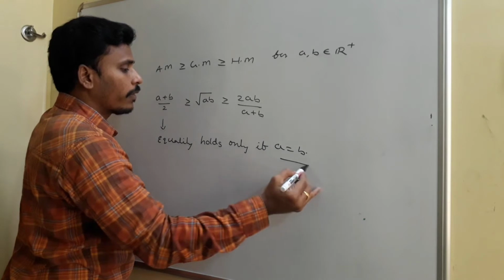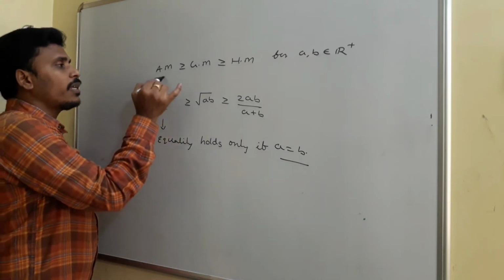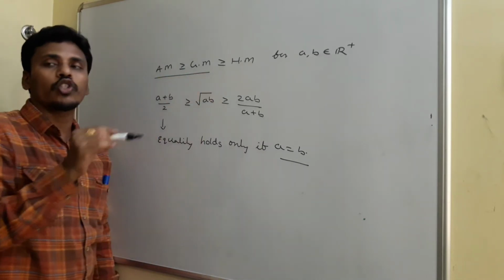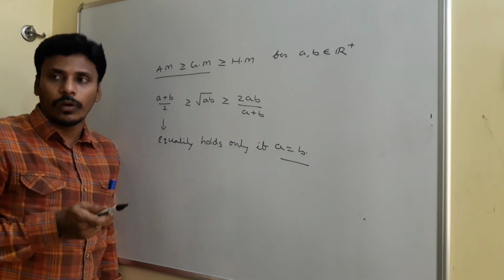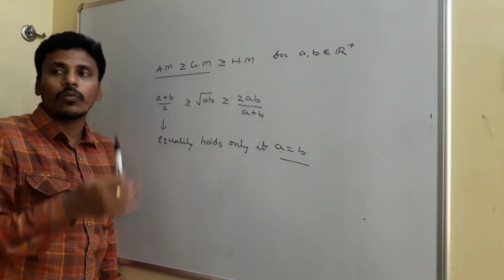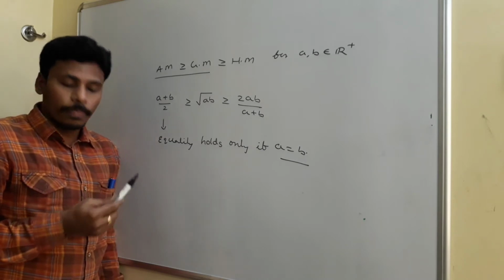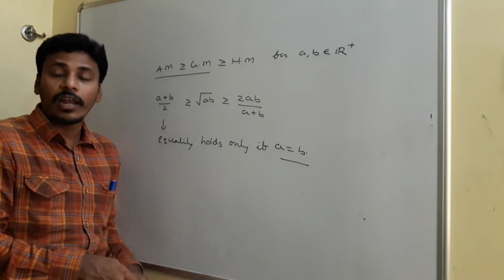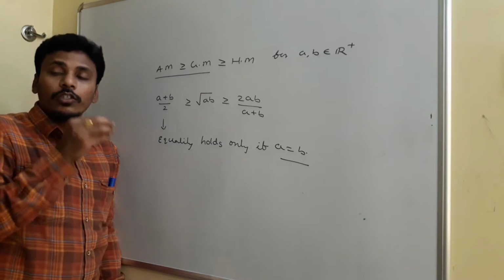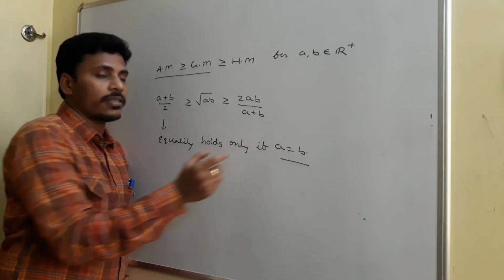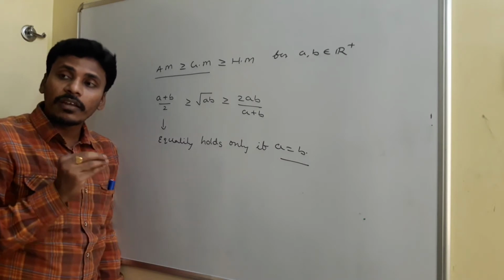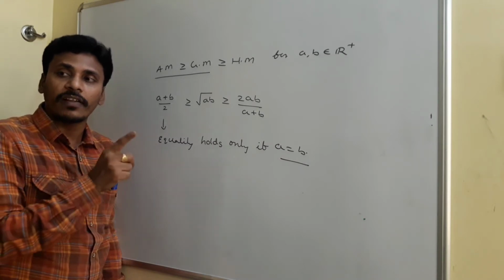Look at this. That means arithmetic mean is greater than or equals to geometric mean, right? Whenever it is greater than and whenever it is equal, we are mentioning greater than or equal. We can use the equality sign only if a and b are the same, right? If a and b are different, always AM is greater than GM.